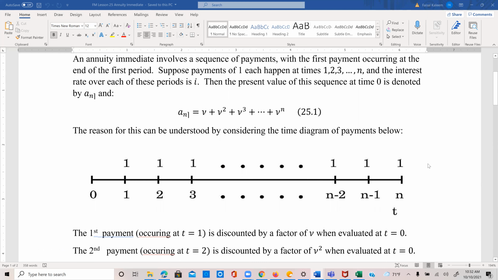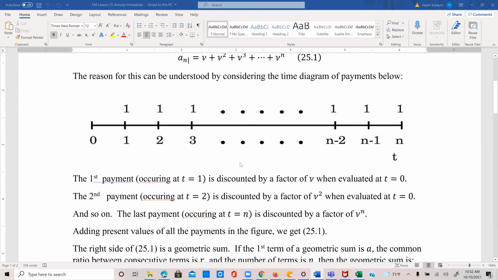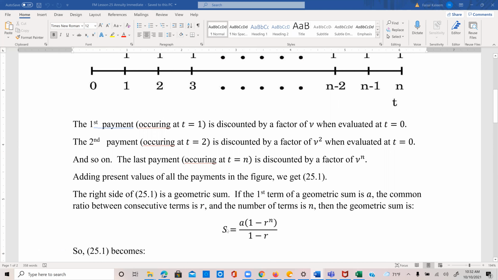And now this is a geometric sum, which can be evaluated if we use the formula of geometric sum. We know that the formula for geometric sum is a times 1 minus r to the n over 1 minus r, where a is the first term, r is the common ratio between consecutive terms.